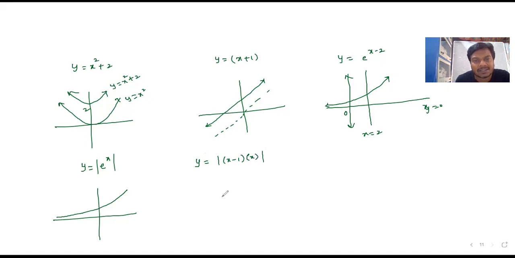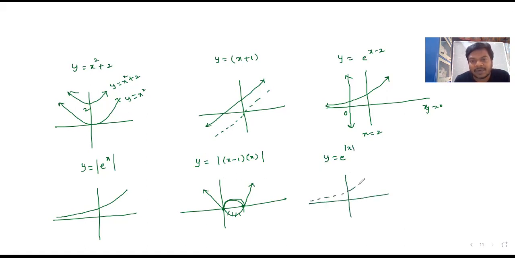Generally, the graph of x into x minus 1 passes through 0 comma 1. When you have the modulus sign, neglect this portion and make it into positive. Suppose you have y equal to e power modulus x.